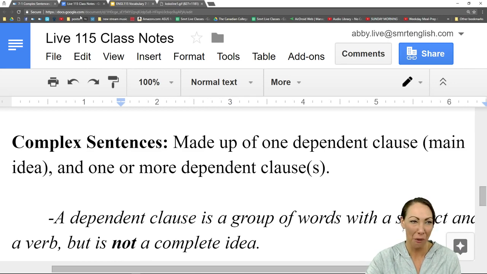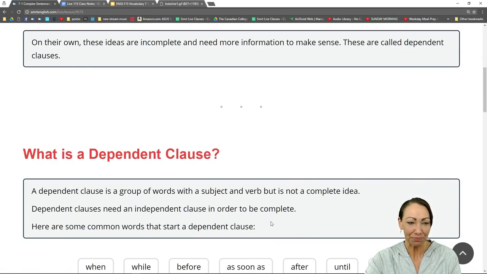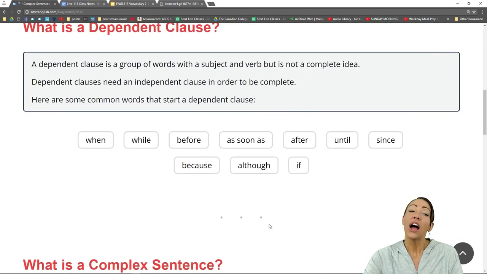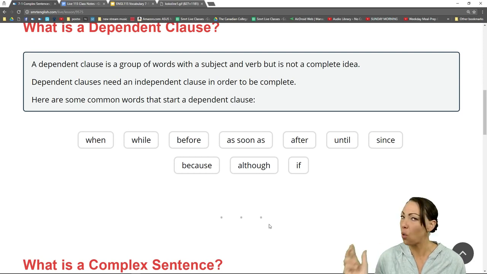That's why it's nice that you can go back and look at the videos again. Dependent clauses need an independent clause in order to be complete. It just means that they depend on, they have to be with an independent clause in order for it to be a complete idea.